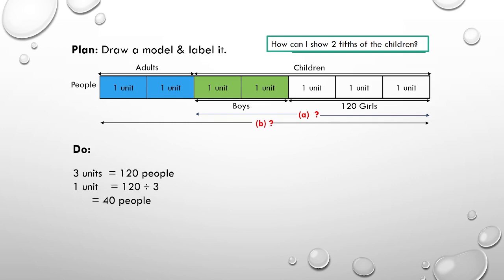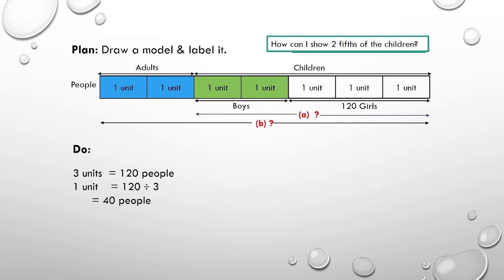Now, because meron tayong 120 girls, that is a key information, and that is also equal to 3 units, we can find out the value of each unit simply by dividing 120 by 3, and that can easily be deduced from the illustration. So 120 divided by 3 is equal to 40 or 40 people. So 40 pala ang value ng bawat unit.